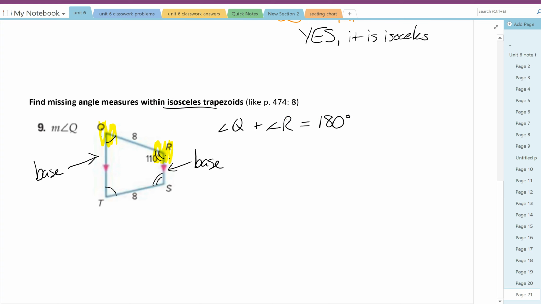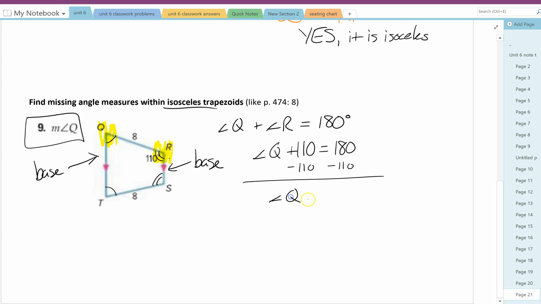Those two angles are going to add up to 180. And so if I'm looking for angle Q, which is what the problem is saying here, I'm just going to have to solve this equation after substituting in 110 for angle R. So angle Q is going to come out to be 70 degrees.